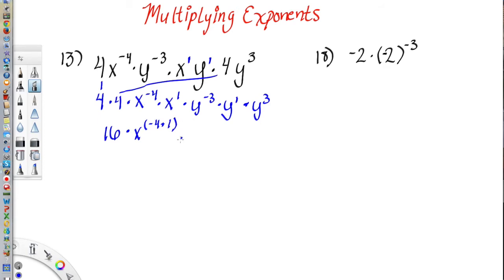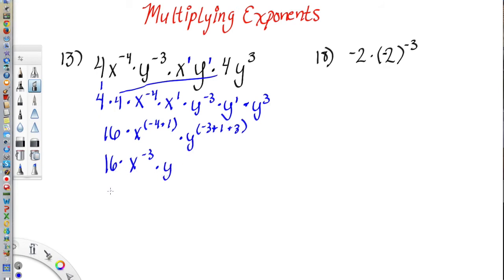So that's it. Then y to the negative third plus that one there, and then I have an exponent over here, which is 3. Okay, so now I've got 16 times x, and a negative 4 and a positive 1 will be a negative 3, times y, and I've got a negative 3 and then a positive 3. They cancel each other out. That's 0 plus 1, which is y.